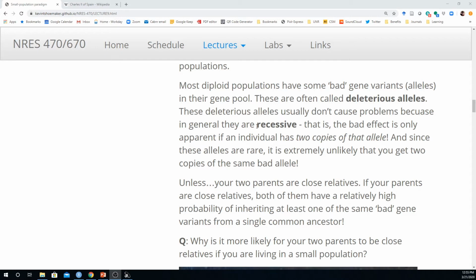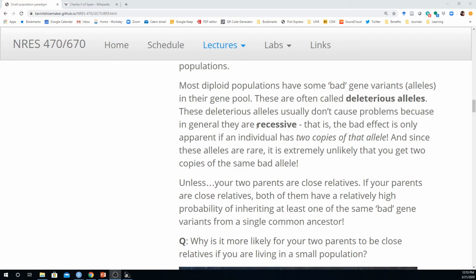If you have just one copy, and again, we're all carrying two copies of every single gene, if you only have one copy of the bad allele, it doesn't matter. You have to have two copies for a bad effect to take place, for your reproduction potential to be lower, or whatever bad effect it causes. You have to have two copies.